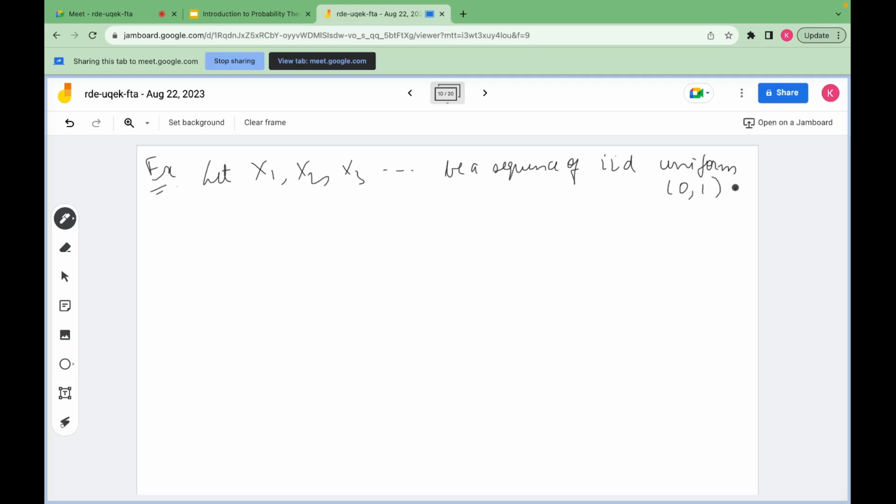Now we define a sequence Yn which is the minimum of these numbers.